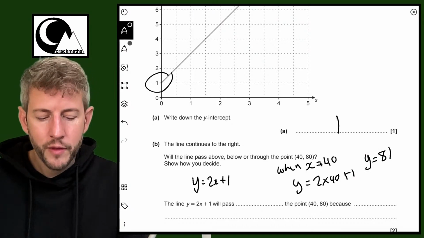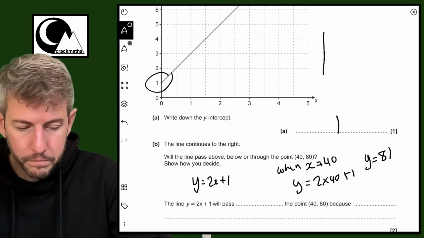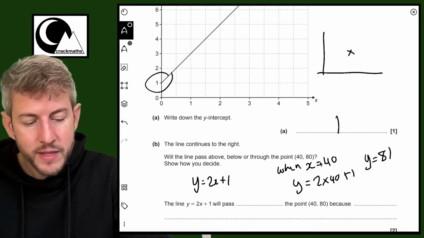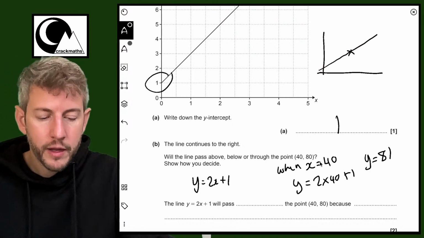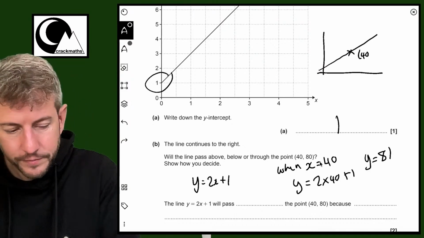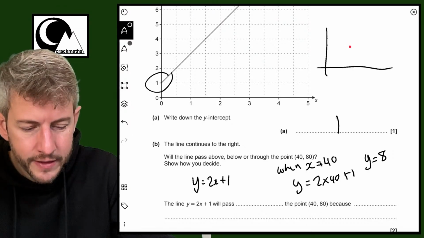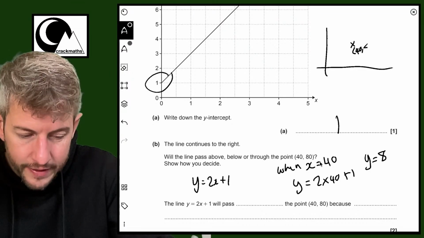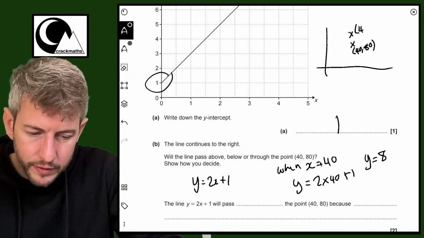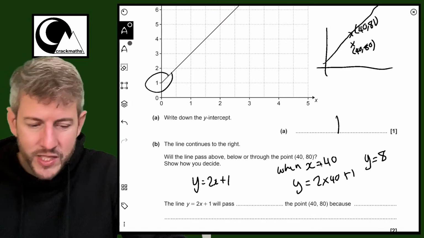So if we imagine this point here, we've got a point 40, 80 here. Let's call it there. I shouldn't have drawn that line through it. Here we go, one second. So we've got the point 40, 80 here. Now the line actually goes through point 40, 81, like this here. That's where the point is.